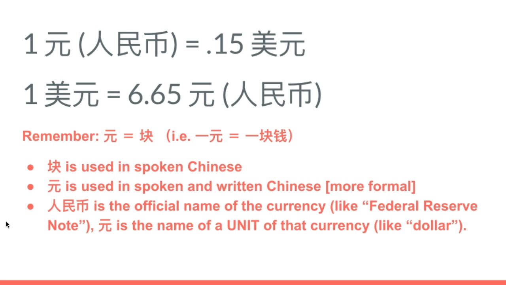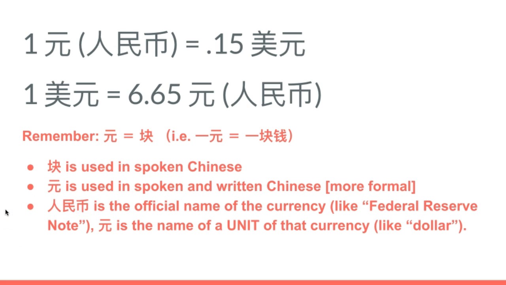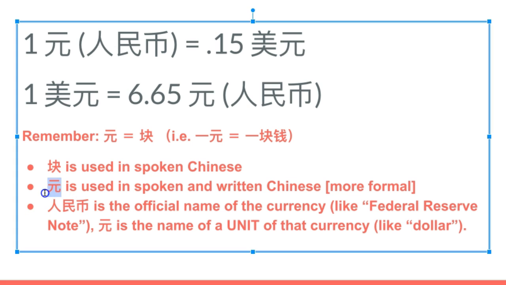So it's an equivalent situation in Chinese, where 人民币 is the official name of the currency, but we don't necessarily use it, just like we don't use Federal Reserve dollar in English. So when we're talking about amounts of money, like if I want to say 500 Chinese dollars, I would say 500 yuan.